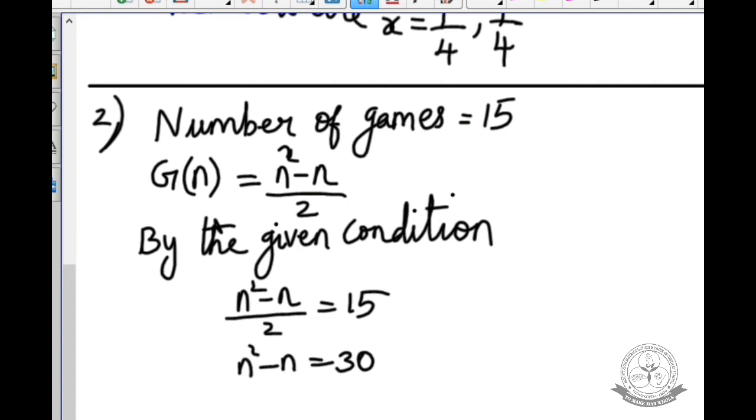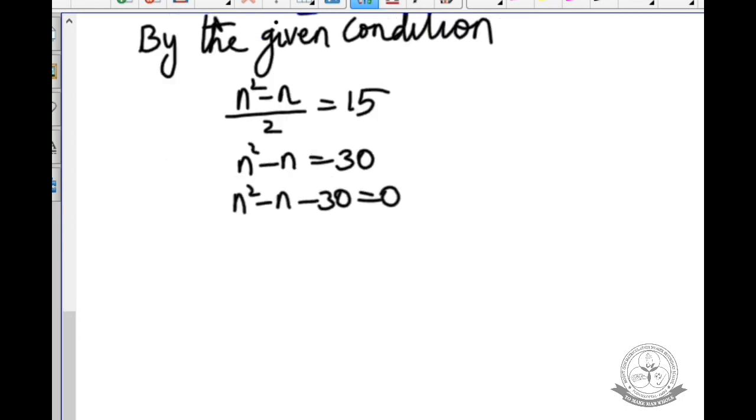Bring it to the left hand side: n squared minus n minus 30 equal to 0. The product is minus 30. The sum is minus 1. So the answer will be 6 into 5, 6 5s are 30. Since the sum is negative, give the bigger number minus 6.